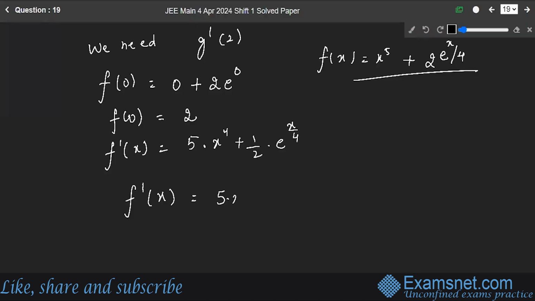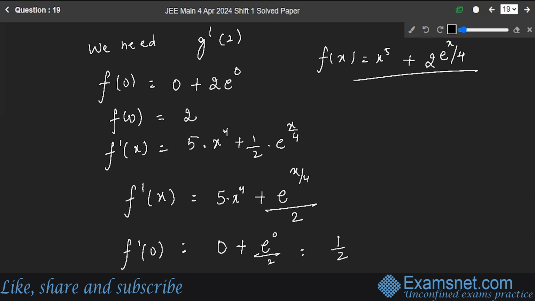Let's write it like this only. F dash of 0, this will be 0 plus e raised to power 0 upon 2. This will give you 1 by 2 because anything raised to power 0 is equal to 1.